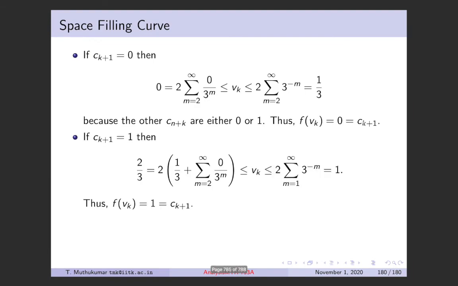And what happens when c_{k+1} is 1? When c_{k+1} is 1, the same argument: you have the series. Look at the first term, that is 2/3, then the rest of the terms with 0, and the rest of the terms with 1. This is equal to 1. So in this case, vk lies between 2/3 and 1. And we have already seen that the value of f between 2/3 and 1 is 1.